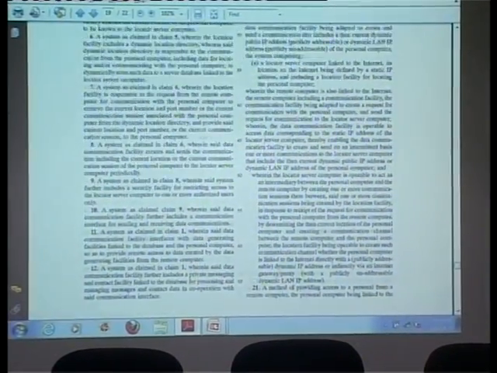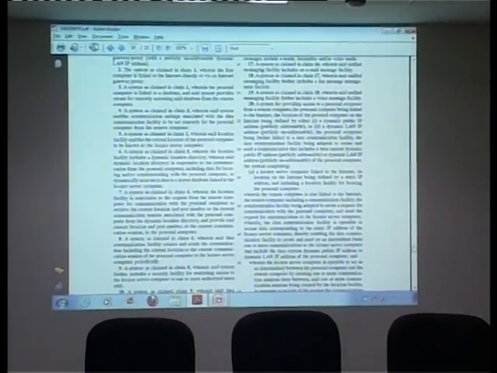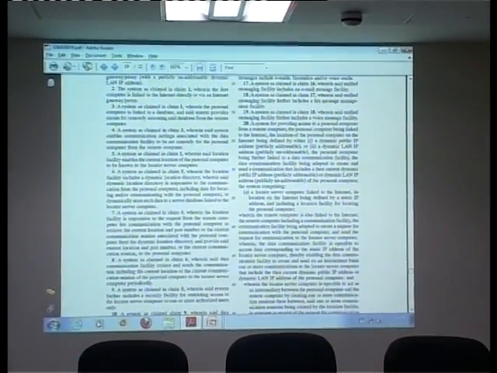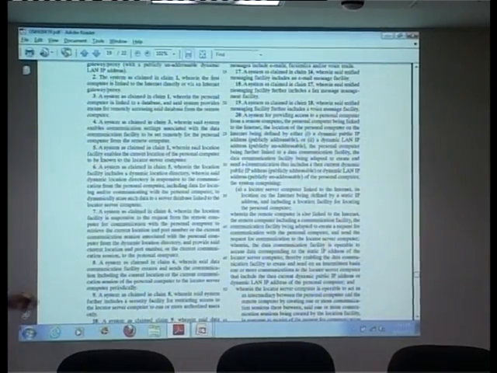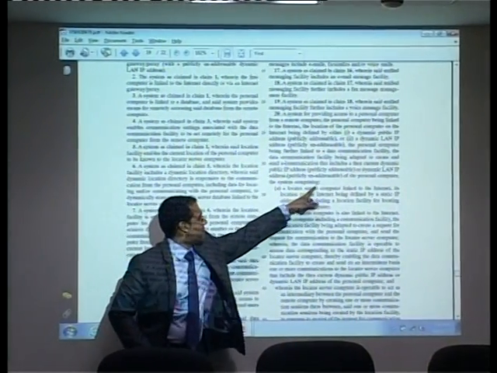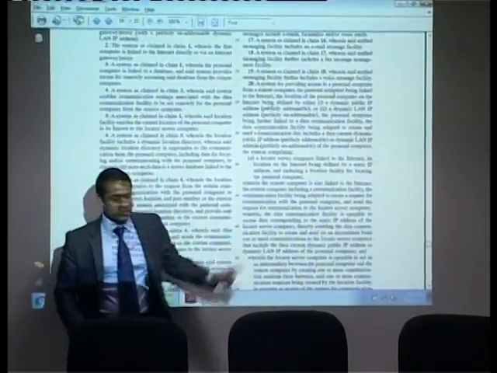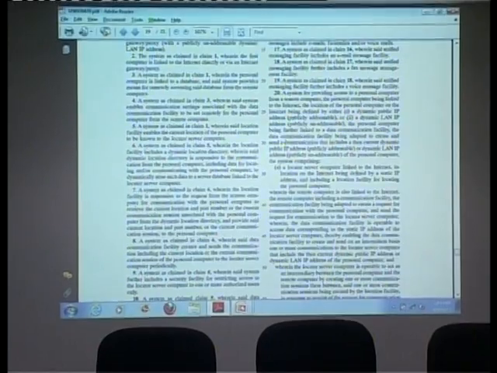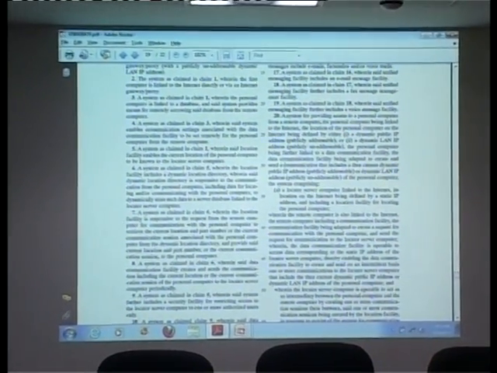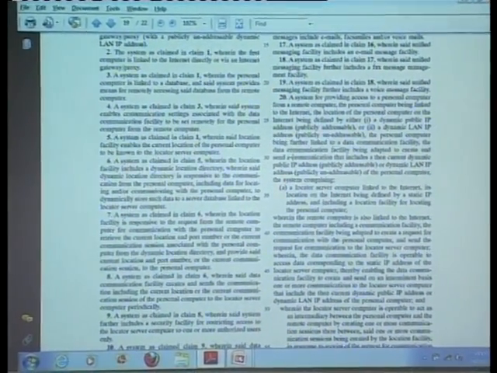It also covers, let's see, claim 20. Claim 20 covers, this is all the preamble, so comprising A, the locator server computer. And the rest of the language of this claim just describes what that locator server computer does.